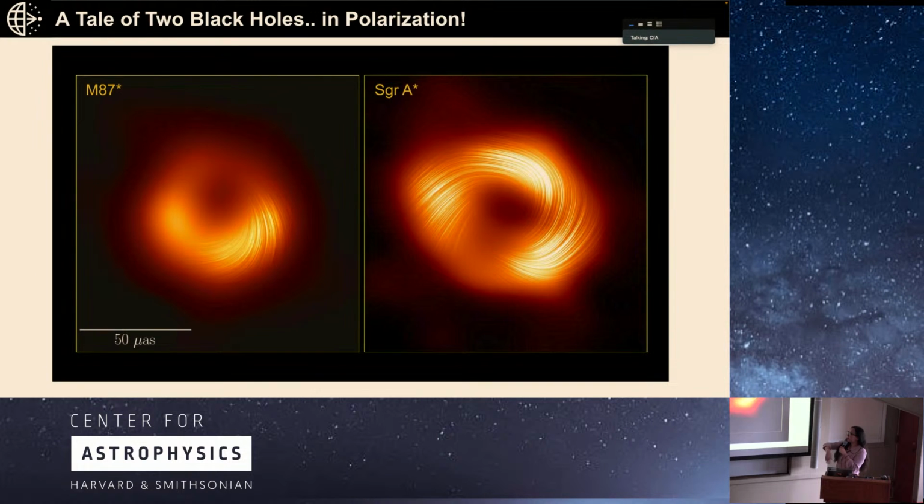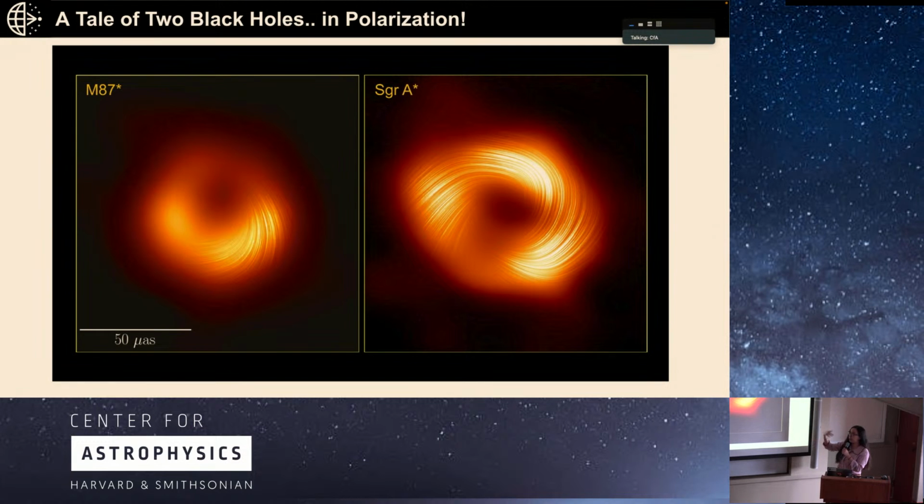So, we've seen now these two static images. The next step is, of course, to look into dynamics and to look into properties of the black hole that would teach us about this mechanism that launches jets. So there's a well-known mechanism that's sort of broadly agreed upon called the Blandford-Znajek mechanism, in which the rotational energy from the black hole shears the space-time around the black hole and puts all these field lines very tightly close to the horizon, and they become strong and ordered and eventually launch a jet.